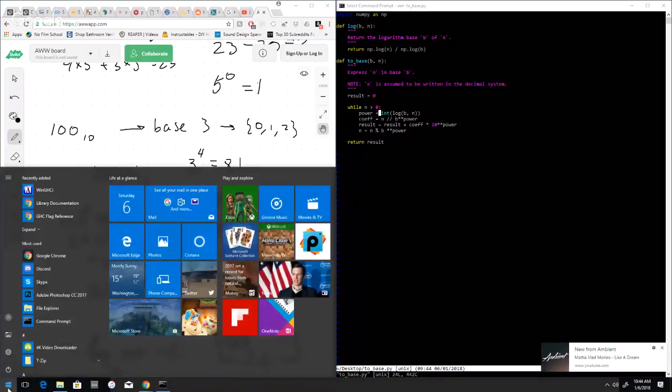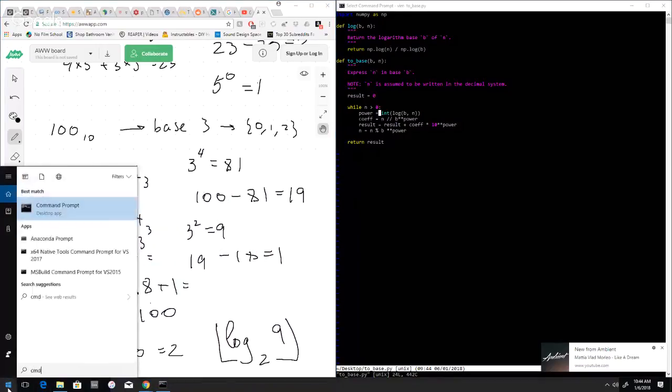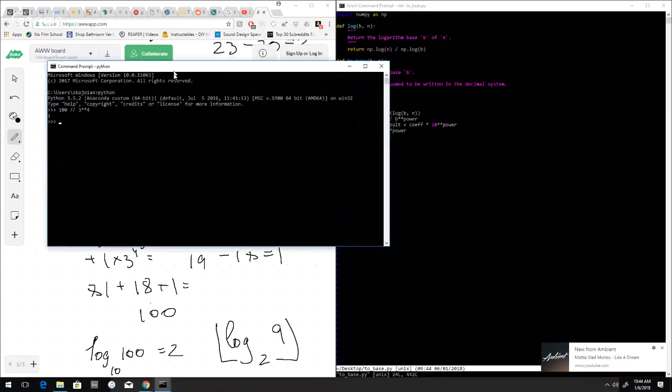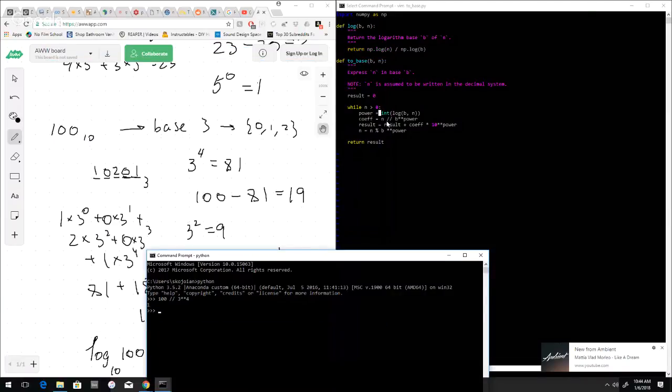And if I open Python here, we can see that in real time. If I take 100 and I integer divide by 3 to the 4th power, I get 1, because there's only one 81 that fits in 100, right? So this integer division gives me the coefficient that I need.